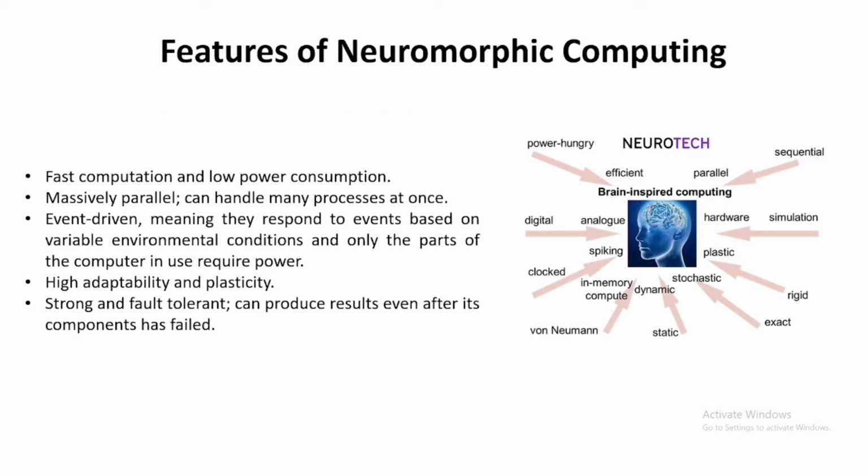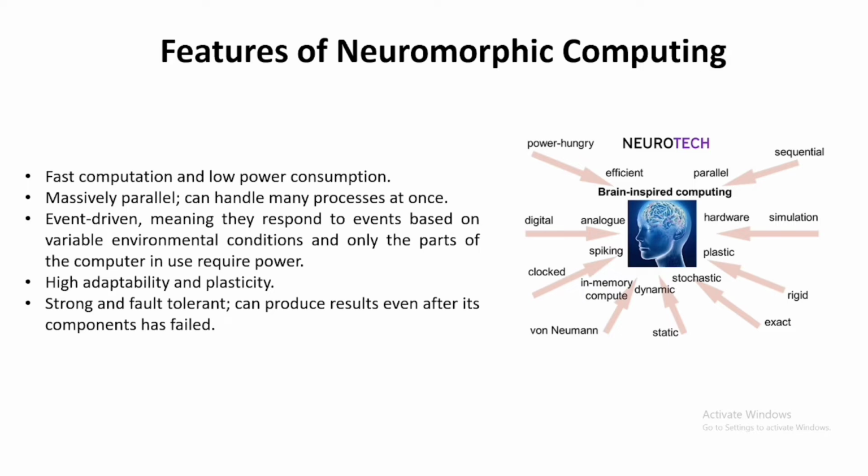Now, what are the features of neuromorphic computing? Neuromorphic computing, as I have already mentioned, is very fast and wants to achieve brain-like functions. So, as a result, it achieves fast computation and low power consumption.